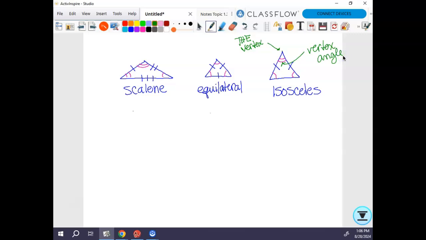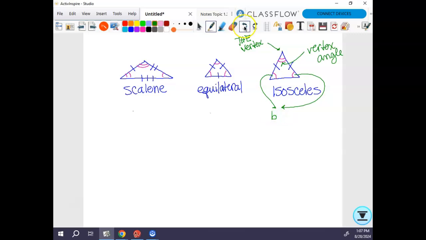Because that's what this question talks about, and it's a TSIA kind of question. And so vertex angle, that means it's the one that's different than the other 2. And then these 2 angles are called the base angles, if that comes up at all.